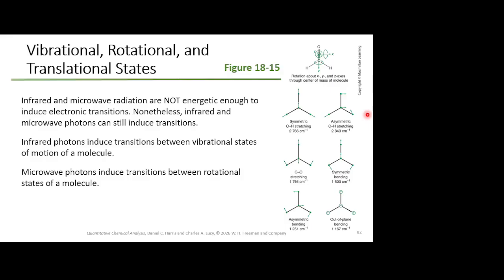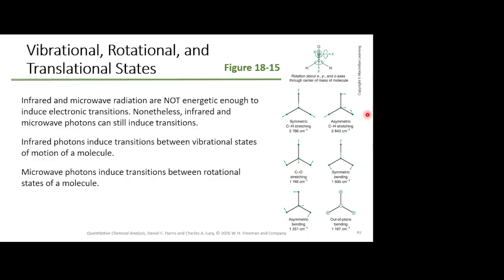And those are going to be those vibrations like the deformation, the stretch, and then you can combine those things out. Anti-symmetric, symmetric stretches, etc. Microwave photons are going to induce transitions that will be between rotational states of your molecule. So they're going to rotate, and that will be the transitions you're going to see.